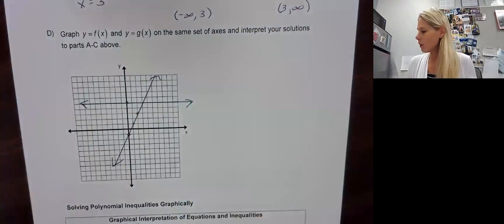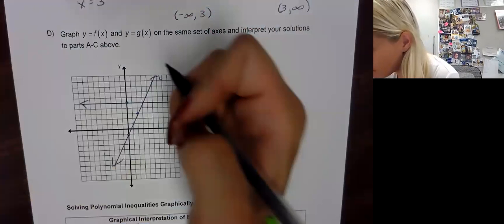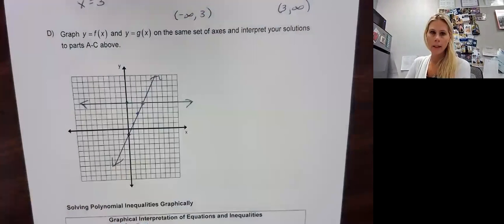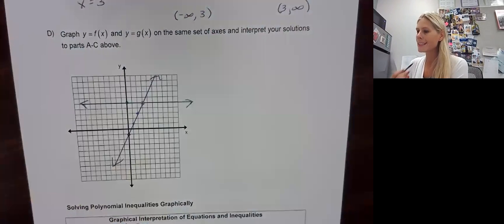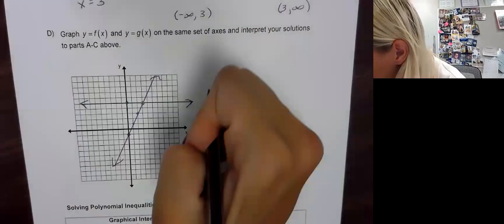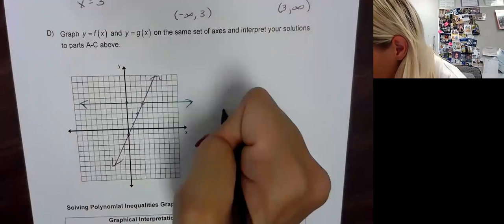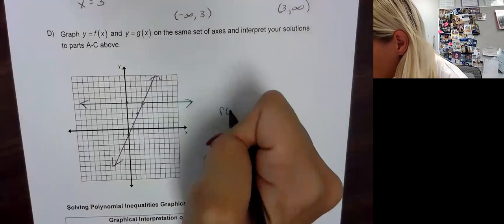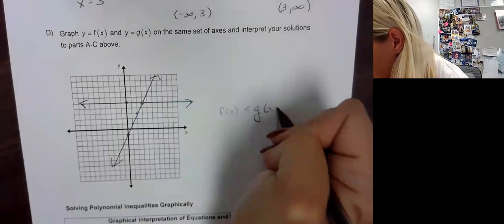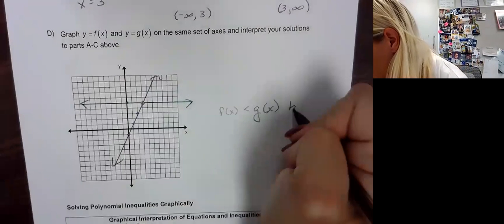Now, let's interpret what we saw above. So when they are the same, as you can see, they are the same at x equals 3. Okay, right there. Now, when is f of x less than g of x? f of x is less than g of x below. So let me just say f of x is less than g of x: below.